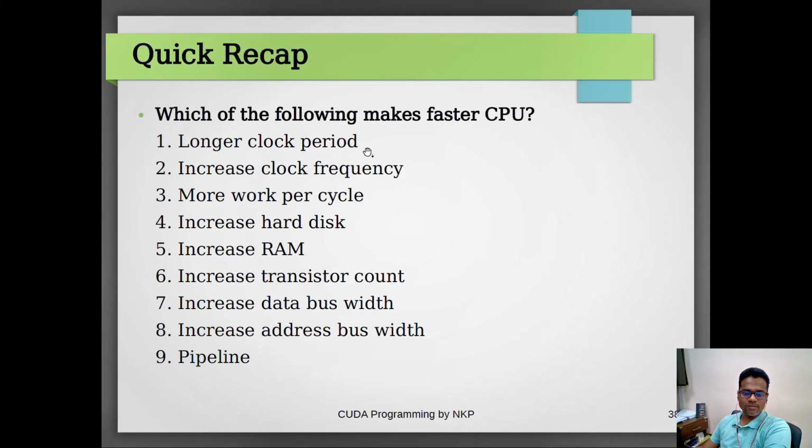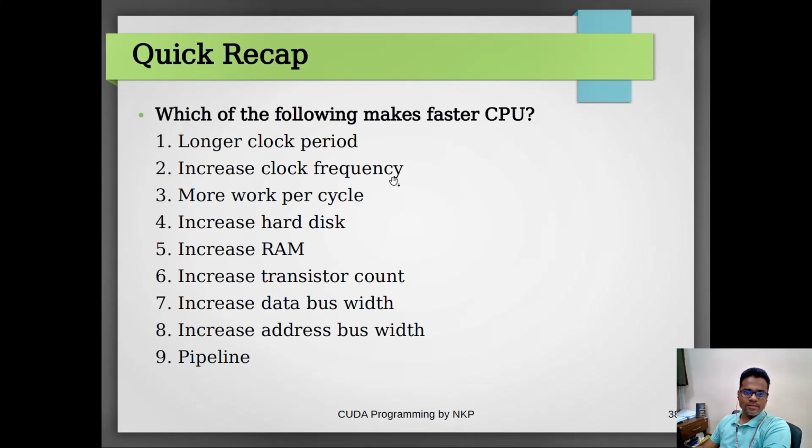So time is inversely proportional to clock frequency. If clock frequency is higher, that indicates smaller clock periods. But here it is asked about longer clock periods, and longer clock periods indicate a smaller frequency, and a smaller frequency indicates a slower CPU. So that's why the first option is not suitable to increase the performance.